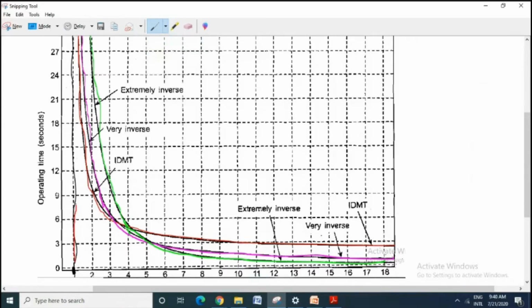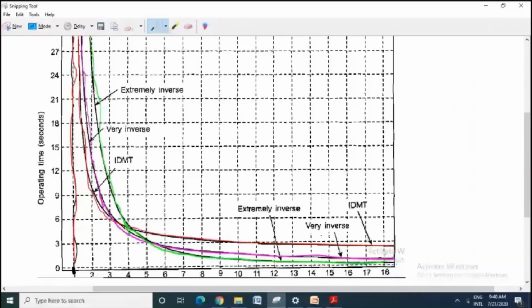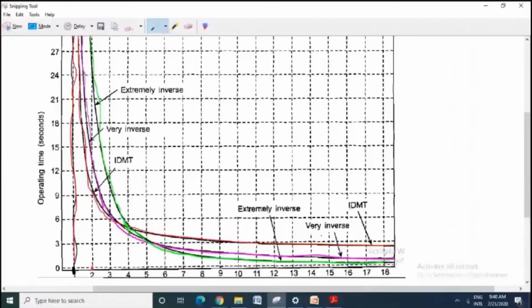So this graph is going towards infinity. So none of these graphs, either the IDMT or the standard inverse kind of relay, either the very inverse, or the extremely inverse, is going to give the operating time. Let's say we are considering the second value of current, that is equal to 2.